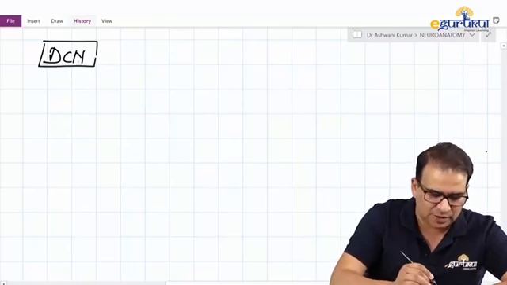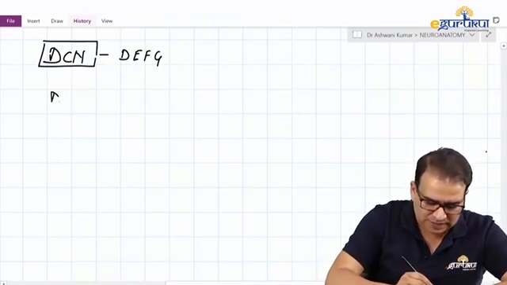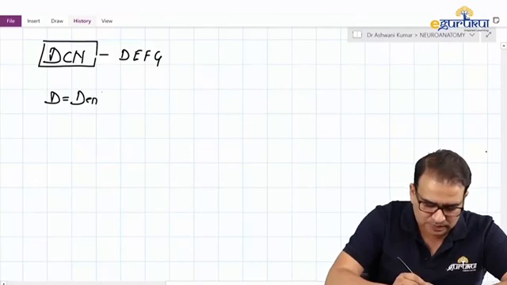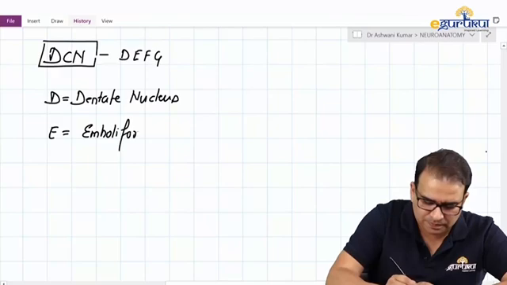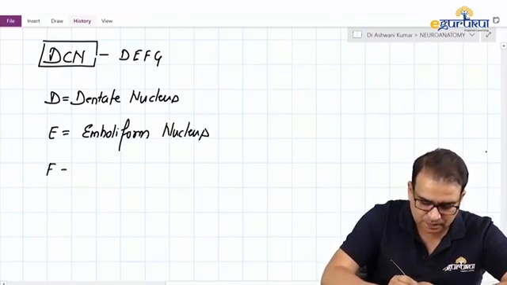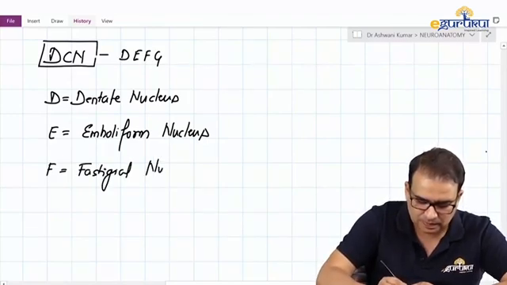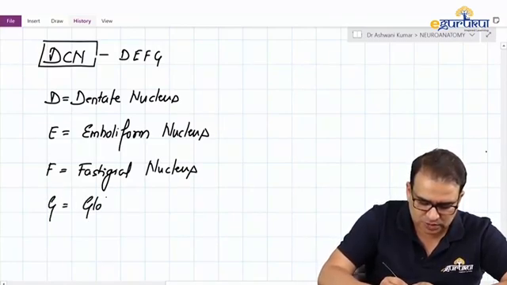So we can remember these deep cerebellar nuclei in the alphabetic sequence as D, E, F, G. Where D stands for the dentate nucleus, E is for emboliform, F is for the fastigial nucleus, and finally G is for globose.